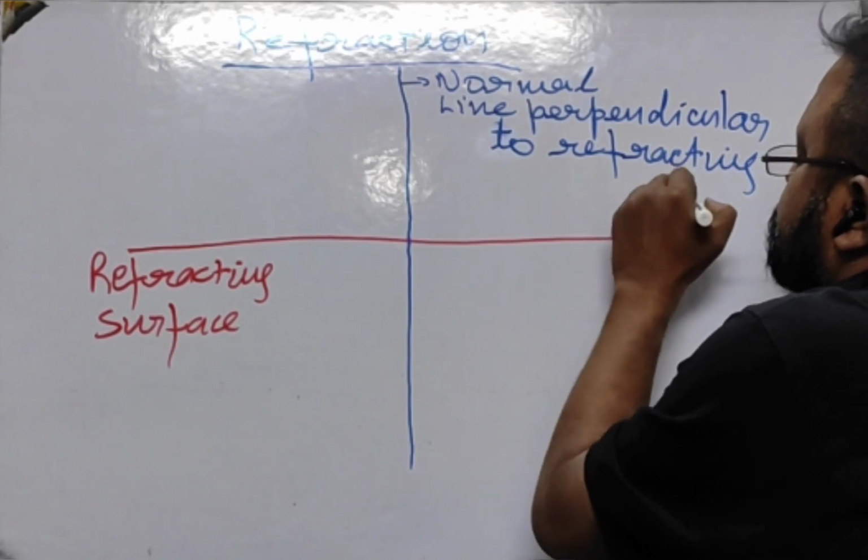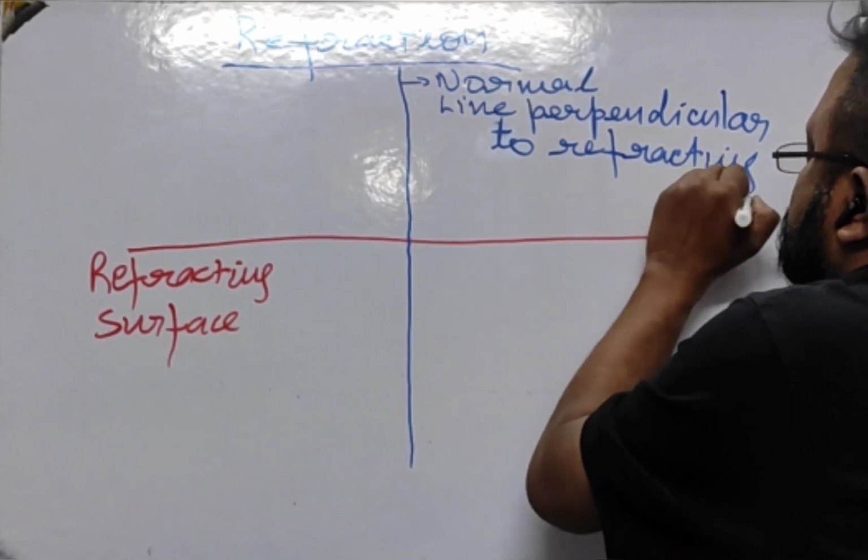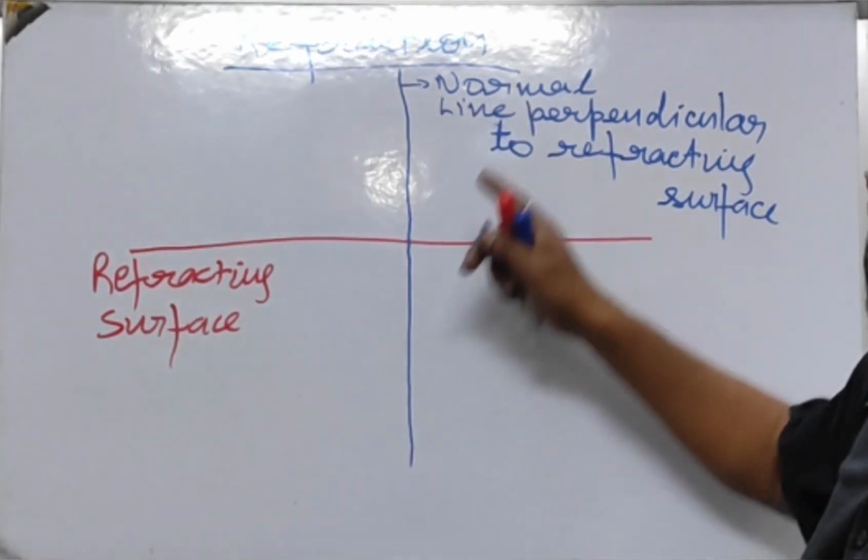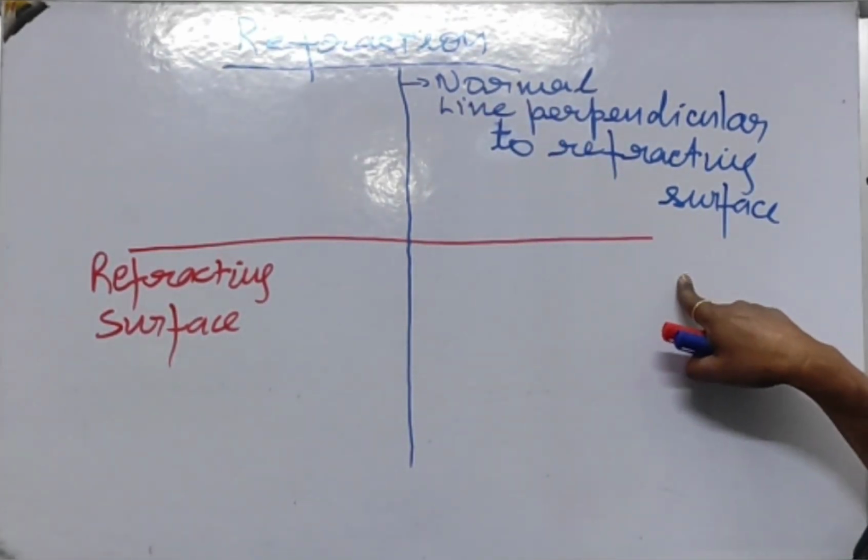Normal is the line perpendicular to the refracting surface, right?